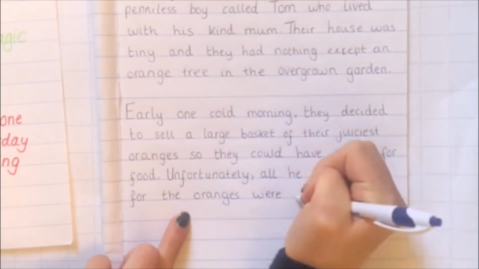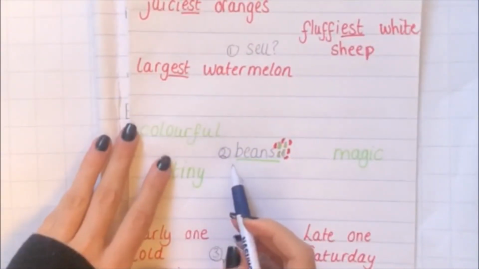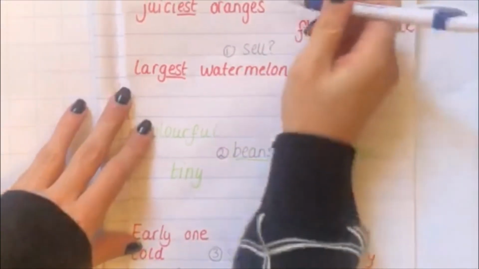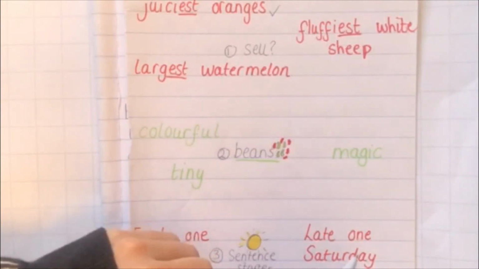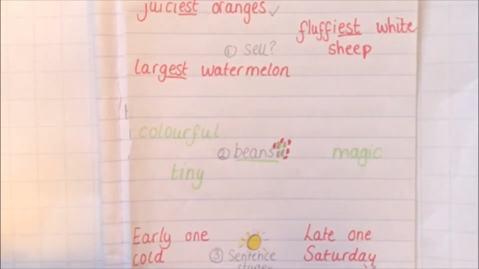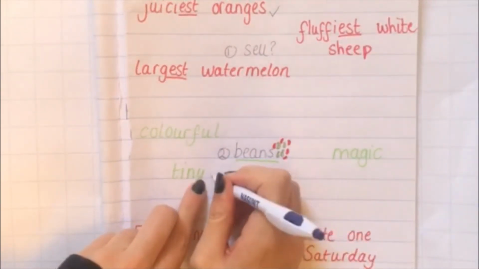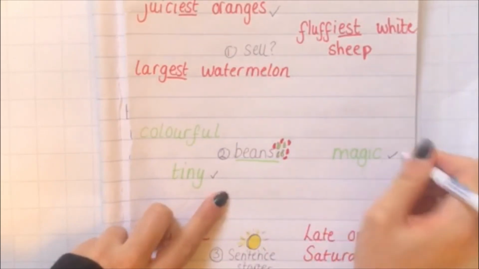were, and now I get to look at my adjective number 2 for my beans. So what kind of beans do I want to have? I'm going to challenge myself and pick 2. I want them to be a few. I like the word tiny, magic.